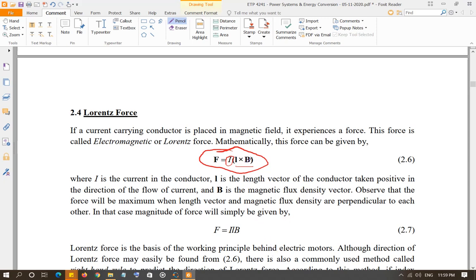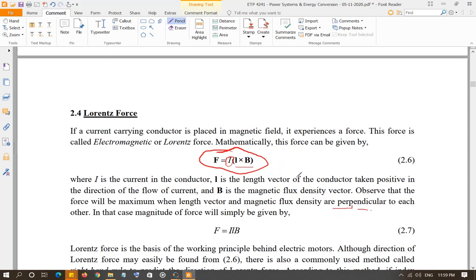So if the length vector and the magnetic flux density are perpendicular to each other, remember, when you take the cross product, the operation is magnitude of L, magnitude of B, sine of the angle between L and B. Let's call this theta.